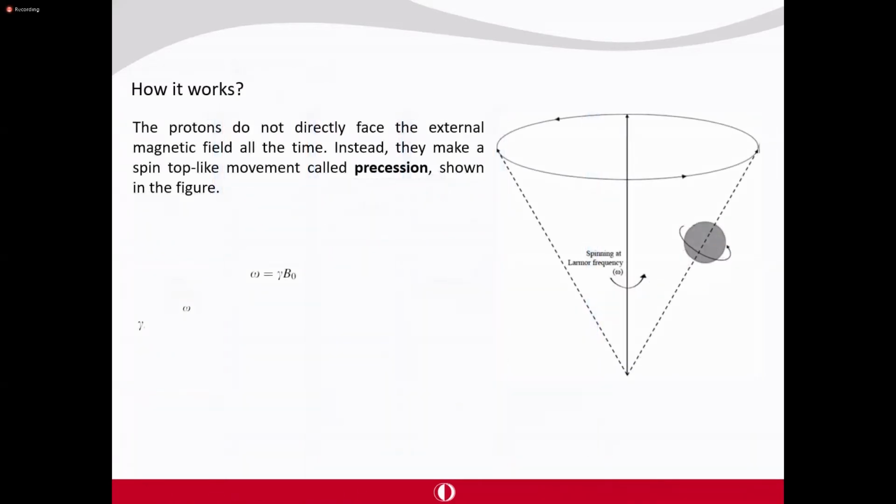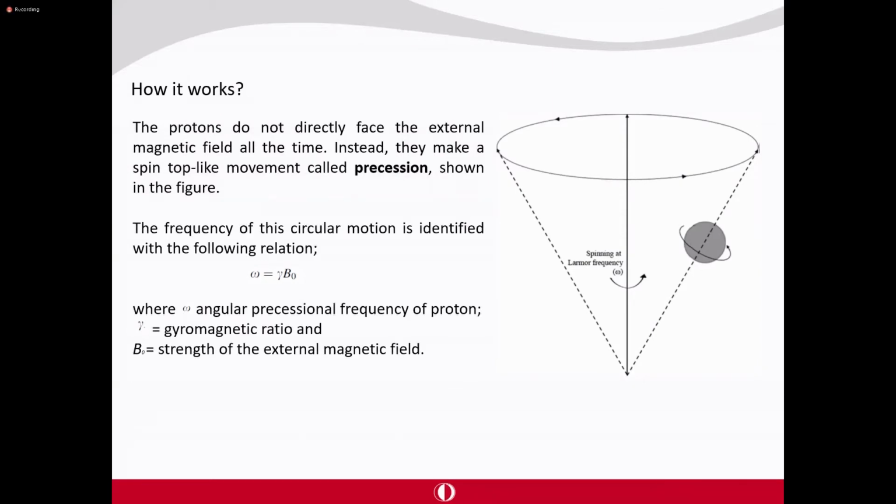So the protons do not directly face the external magnetic field all the time. They make a spin top-like movement called precession, as you see in the figure. As I told you, this spinning frequency is proportional to the magnetic field that the spins have been exposed to.